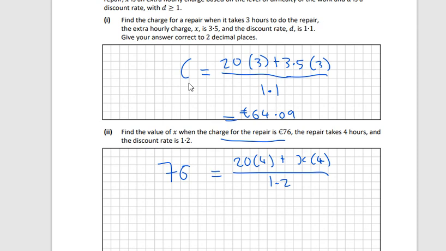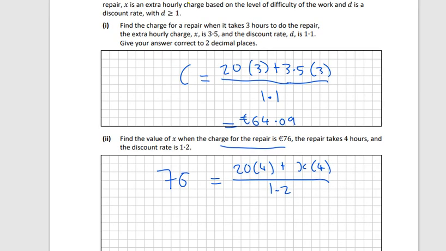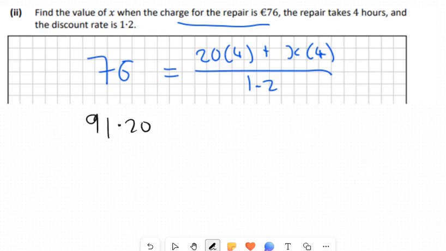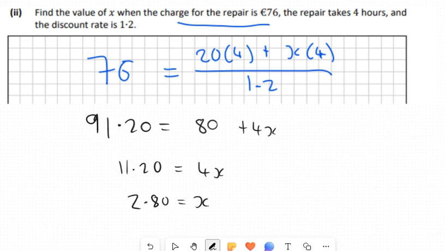It was €91.20. And if we bring across the 80 and subtract it, we'll get 1120 is equal to 4x. So this is the way it will finish. If you bring across the 80 and subtract it, you get 1120, and then divide by 4 and you get 280.